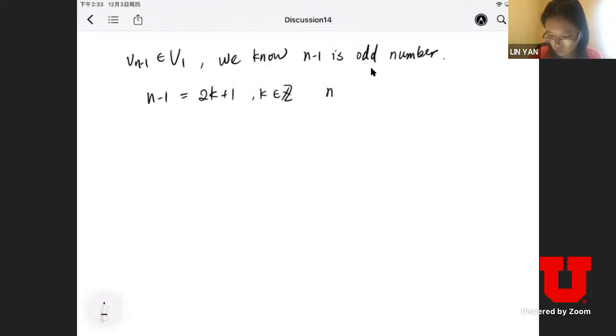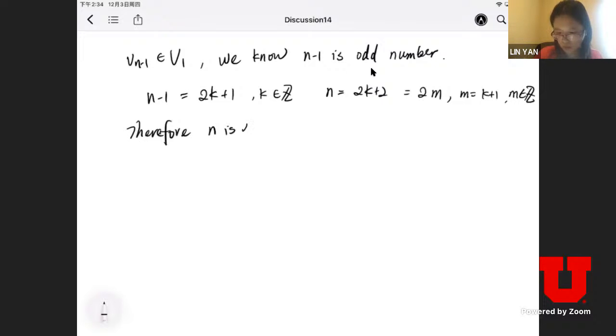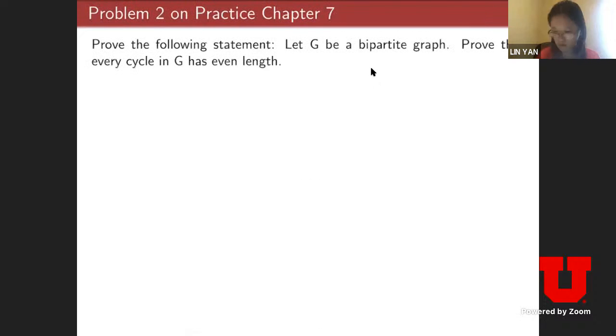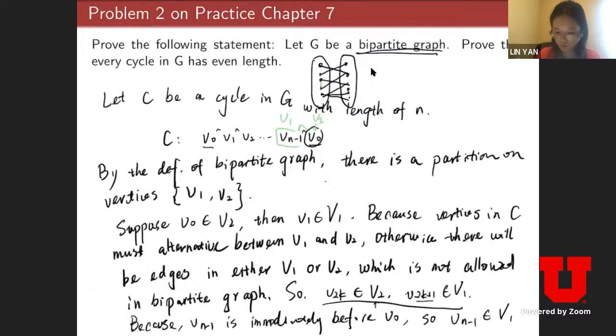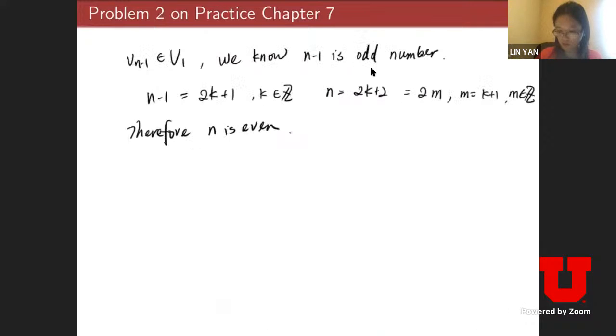So n is equal to 2k plus 2, which is equal to 2m, where m is equal to k plus 1, and m is an integer. Therefore, n is even. Because n is the length of the cycle, we say C has even length. So we are done with this.